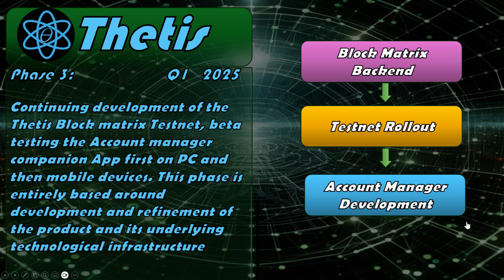The account manager development phase will already be started by now, but the entire focus of this phase is just development. Just develop everything and go 100%. No more focusing on funding and ICOs and all that kind of stuff. We're just going to be developing all the different aspects that we need to complete the project so that it's usable. And again, first on PC and then mobile devices and web extension as well.